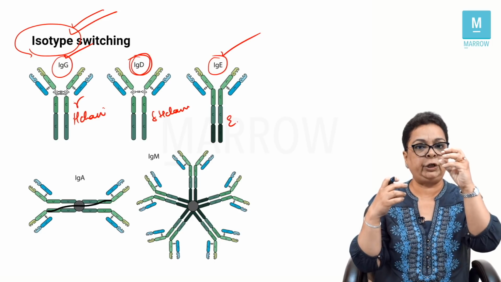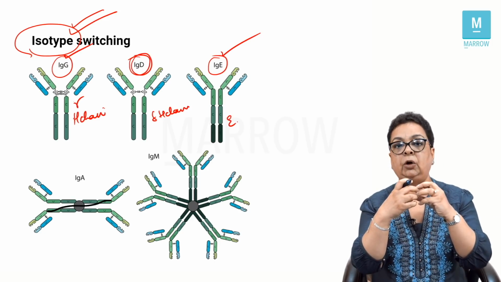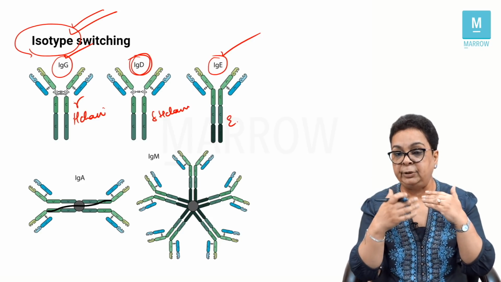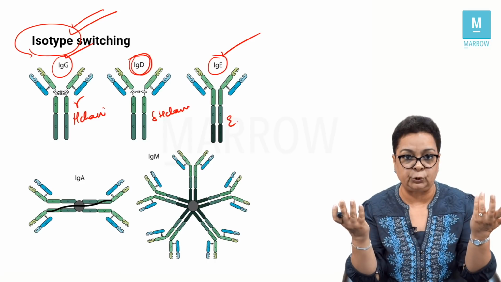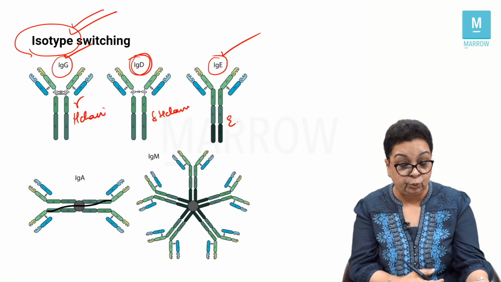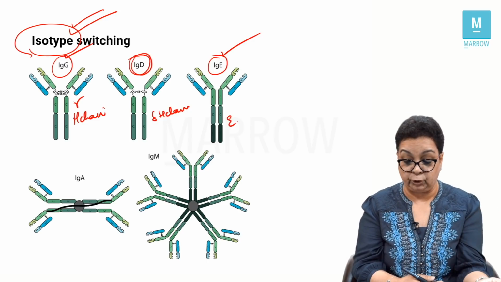The CD40 of the B cell will bind to the CD40 ligand of the T helper cell, and that will tell the B cell to undergo isotype switching. So earlier it was secreting IgM, now it switches its class to secrete IgG and so on, right?